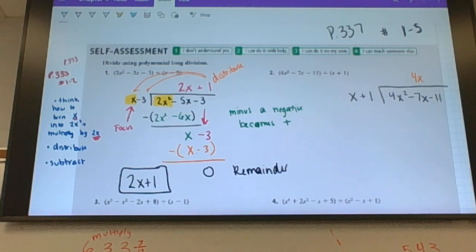Separate sheet of paper for this. Last one, it'd be minus 5.